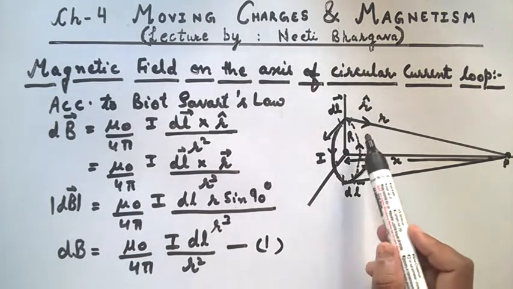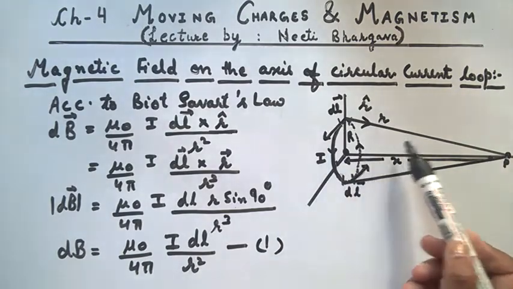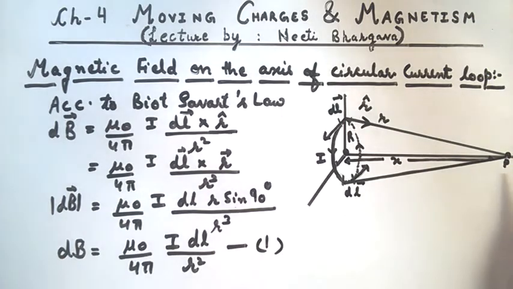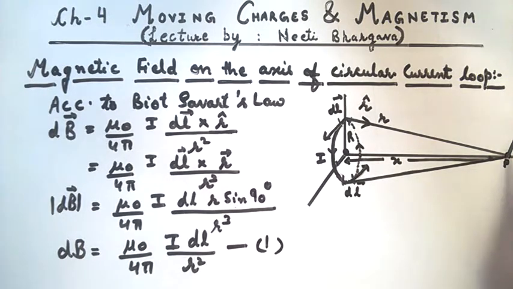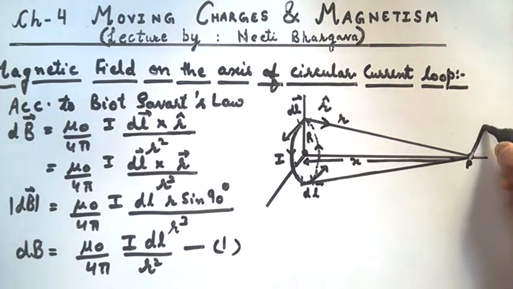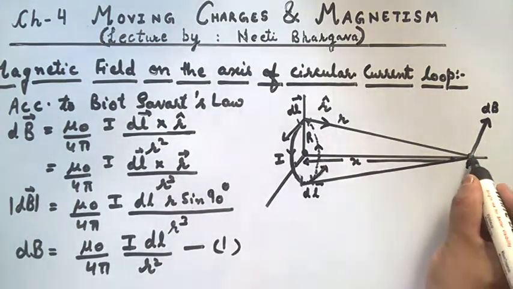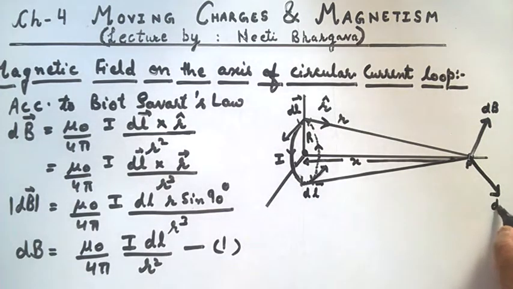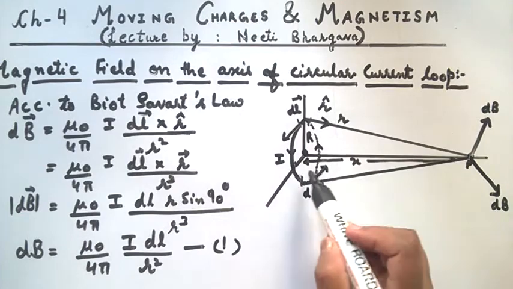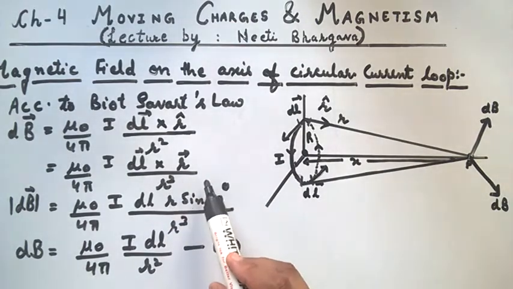And by right hand screw we can find the direction of magnetic field, which is perpendicular to dl and r. So here dB is perpendicular, and here also it is perpendicular to dl cross r.